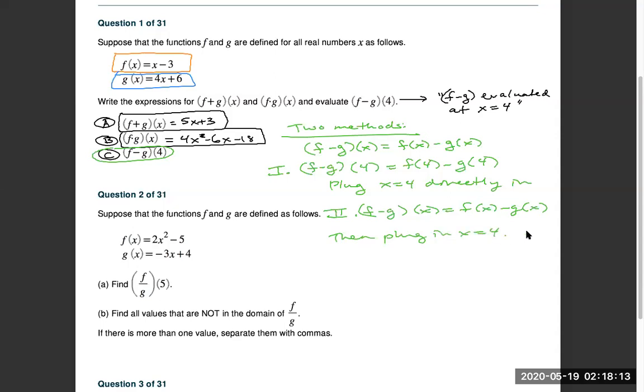The way I wrote it, it sounds like the same thing, but it's not, so let me clarify. Let's start with the first part. I know that x equals 4.